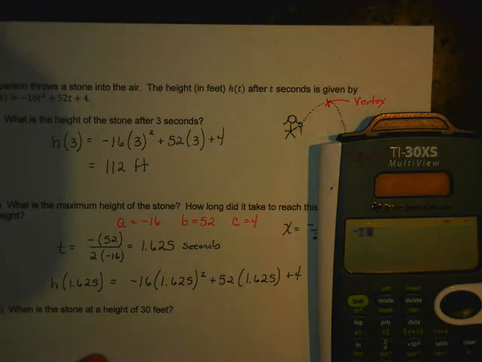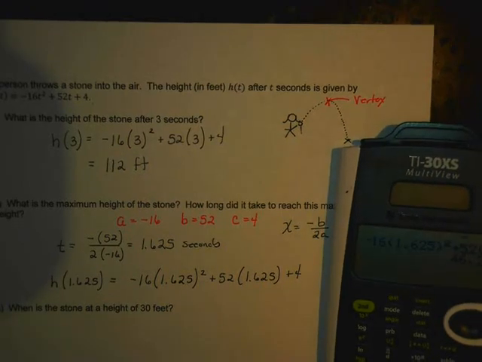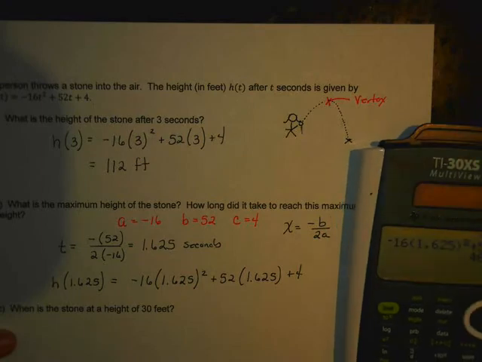Okay, so negative 16 times 1.625 squared plus 52 times 1.625 plus 4. So it looks like the height of the stone before it turns around.